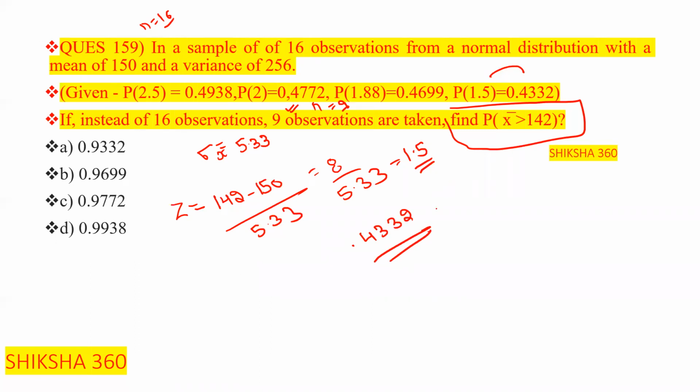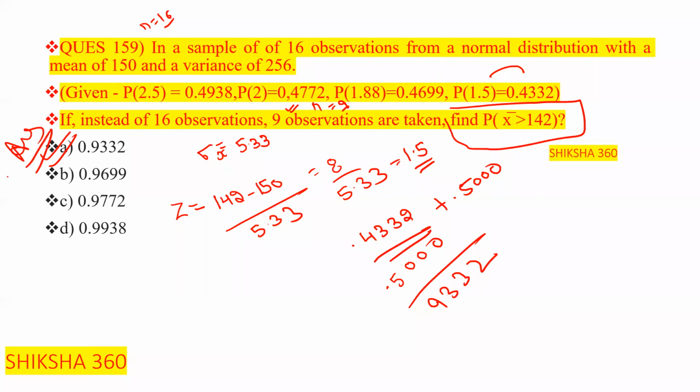To that we have to add 0.5000, which gives 0.9332. This one is our answer.